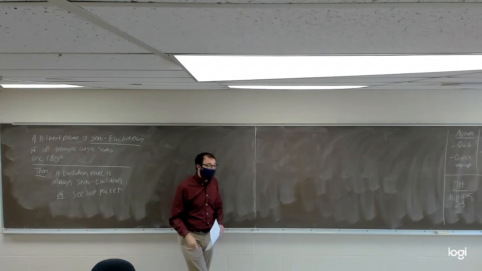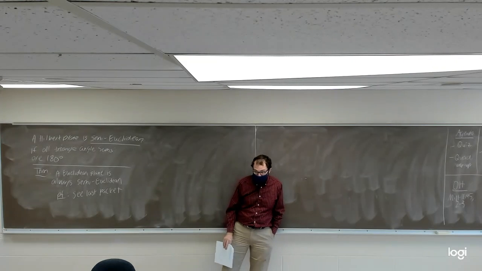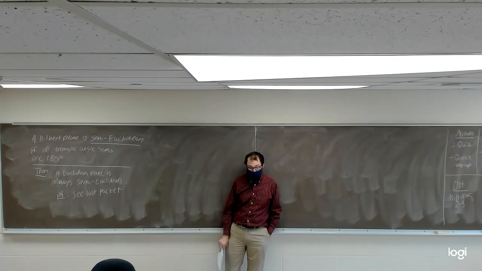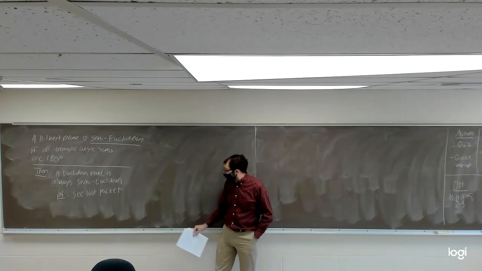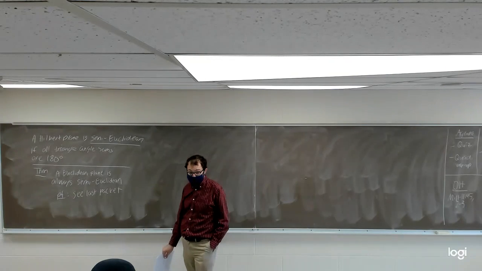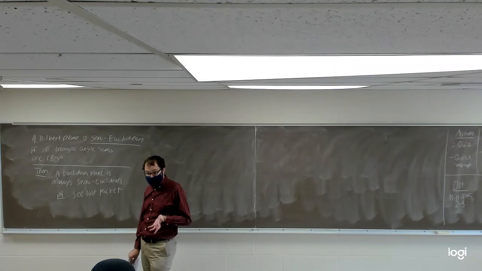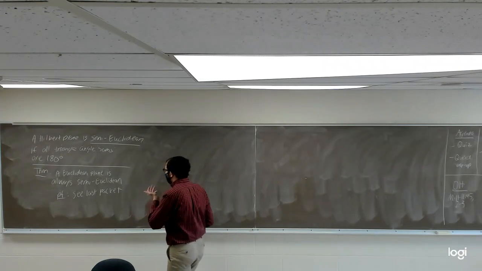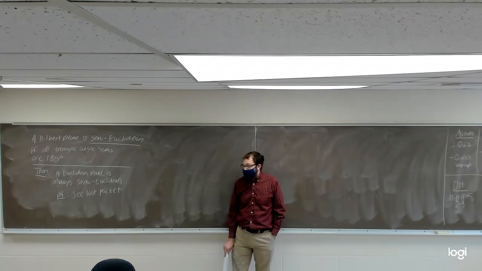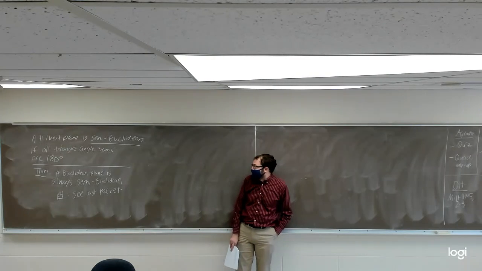We already proved that. If you recall, in the last packet, we showed that any Hilbert plane in which the Euclidean parallel postulate holds automatically has triangle angle sums that come out to exactly 180 degrees.